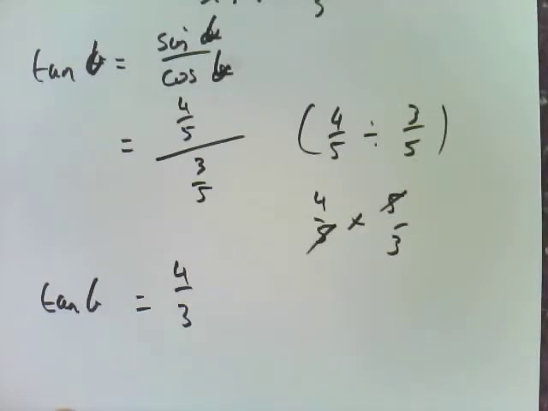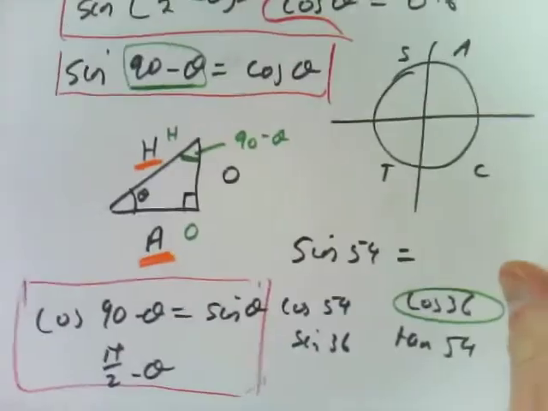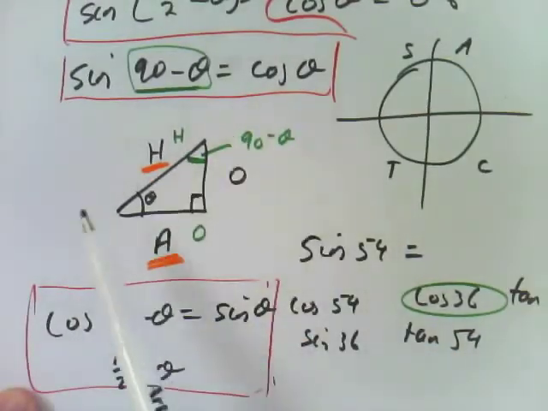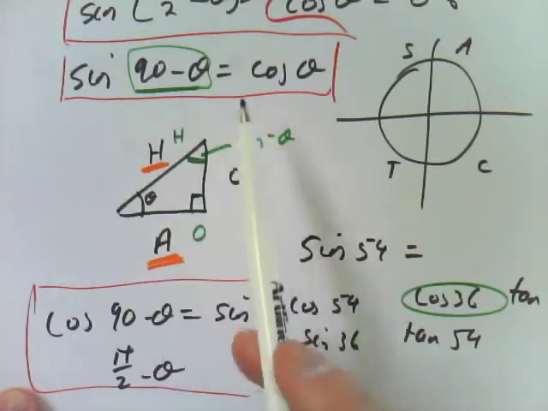It does get a little bit harder and starts using these guys as well in the later parts of that question. So cos of 90 minus B, we're supposed to find that.